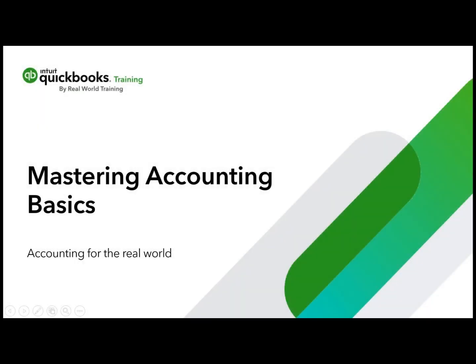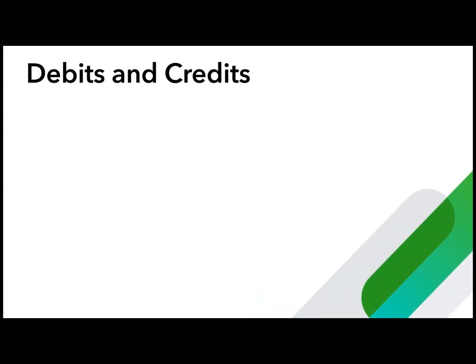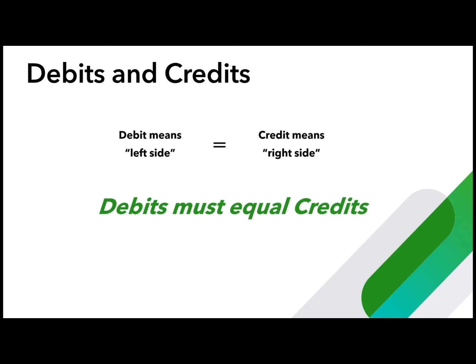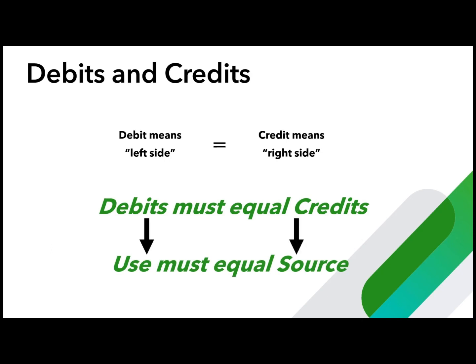So far, we've described transactions with the words source and use. Now you're ready to learn about debits and credits. So what do these words really mean? The word debit means left side of a transaction, and credit means right side of a transaction. In double entry accounting, debits must equal credits, in the same way that source must equal use, as you learned earlier.